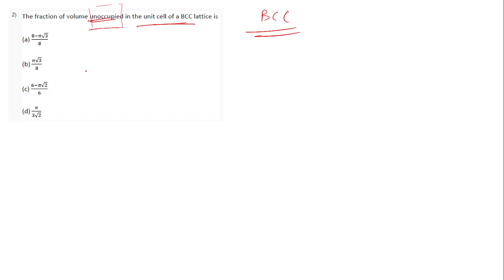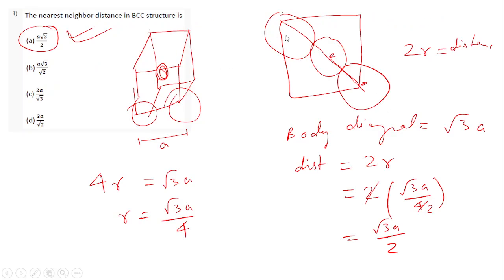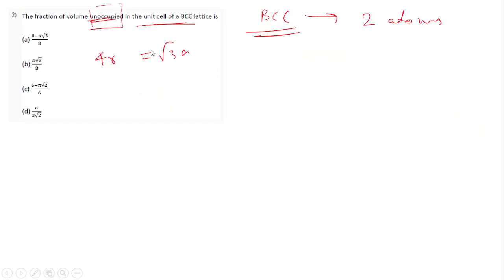So we know that in BCC there are a total of 2 atoms, 1 in the corners and 1 in the body center. Also we know the relation in BCC is 4 times the radius of the atoms is equal to root 3 times A, the body diagonal. Just now we did, right? This was for BCC only. So we know the relation between radius and edge length.